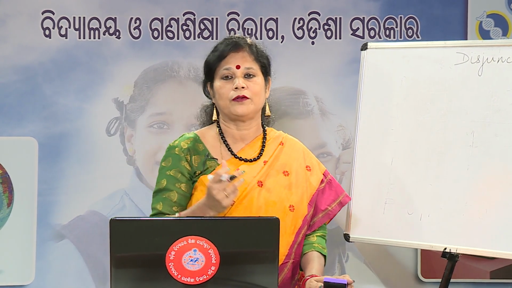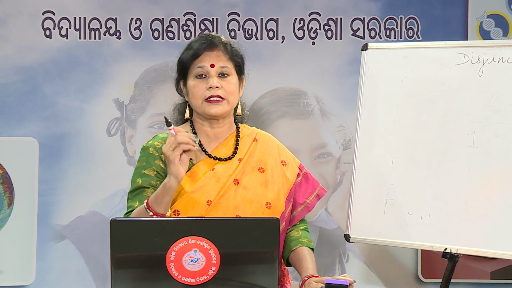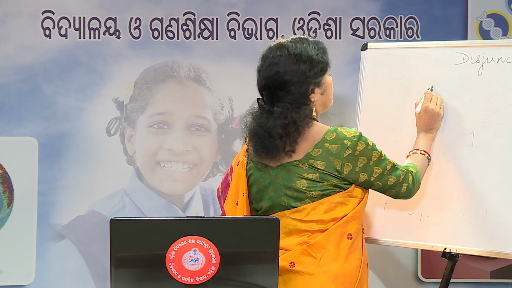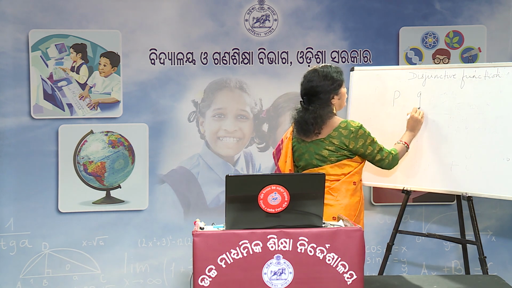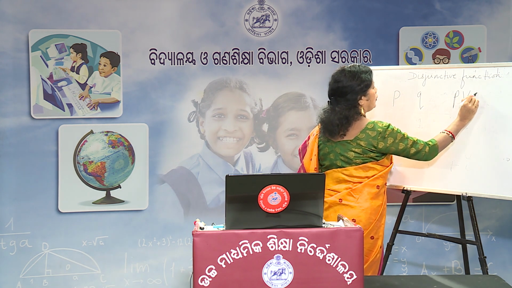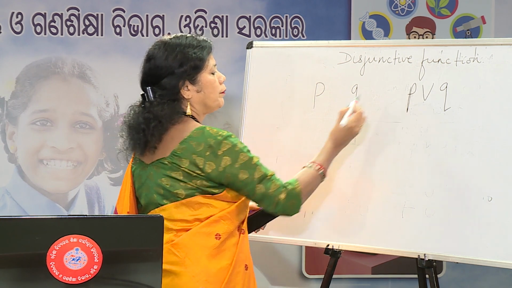Okay? Now let us construct the truth table for disjunctive function. P, Q, P or Q. For either or we use this sign, V sign.